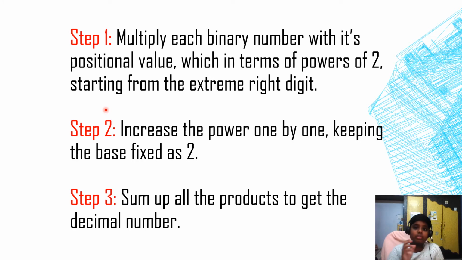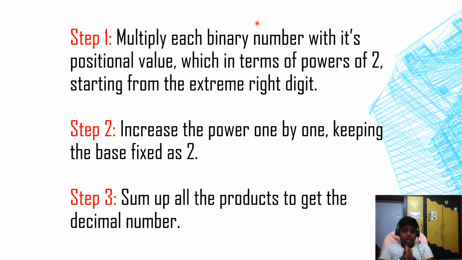And the third product: 1 into 2 to the power of 2, right? Power of 2 means you have to multiply 2 two times, so 2 times 2 is 4, and 1 into 4 is 4. So the product is 4.